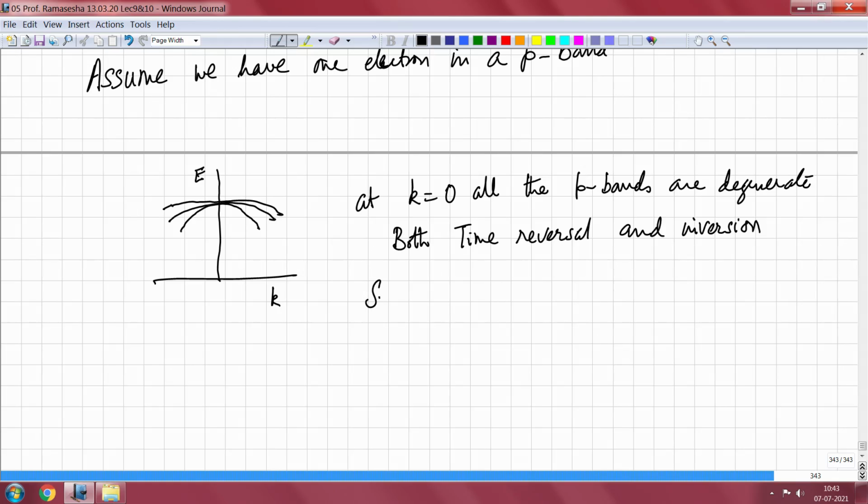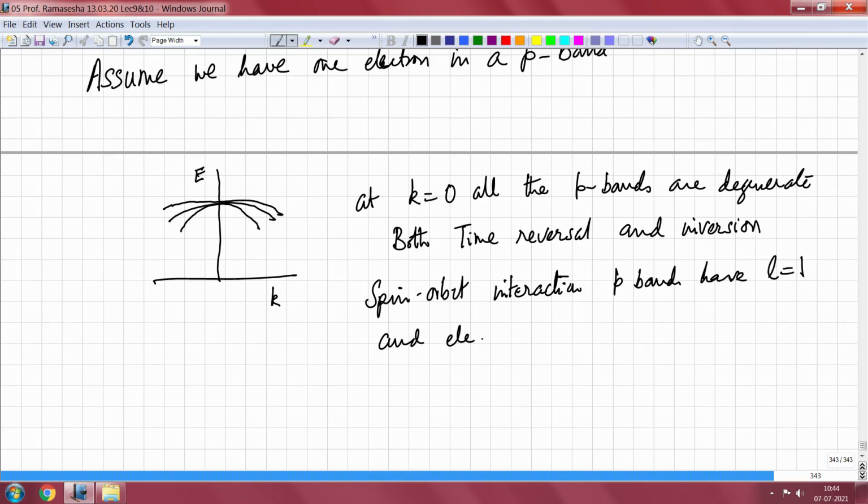If I introduce a spin orbit interaction, since I am dealing with p bands, I have L equal to 1 and the electron has S equal to half.